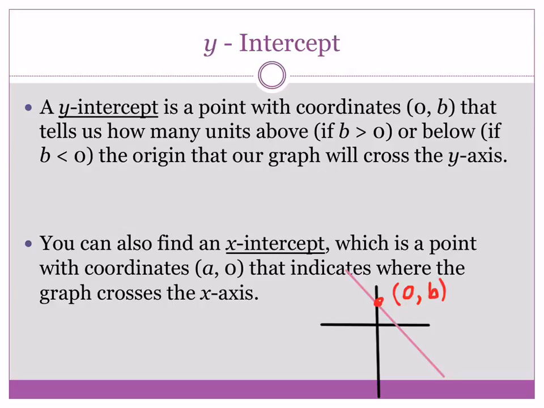The distance is 0 from the y-axis. And then down here, it has the coordinate pair a, 0. So a is how far left and right you go from the y-axis, and then the 0 is how far up and down you went, and you didn't go up or down any from the x-axis, so it's a, 0.